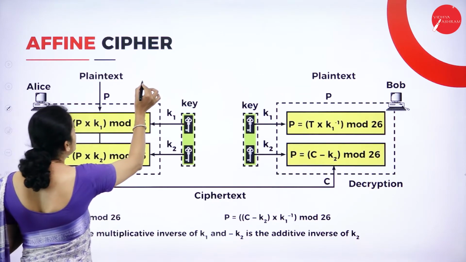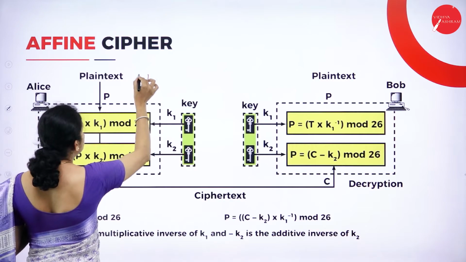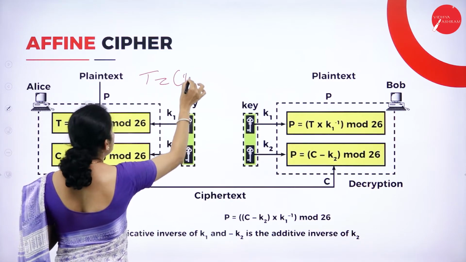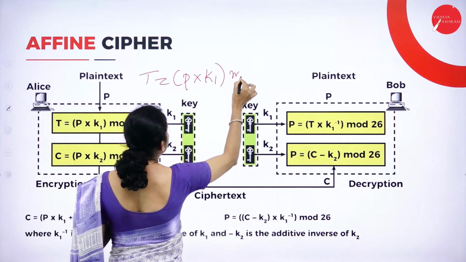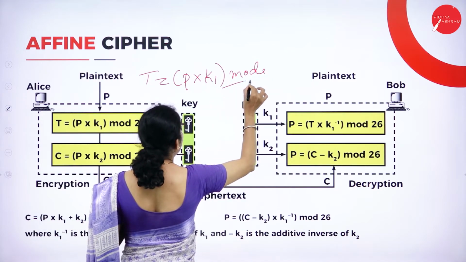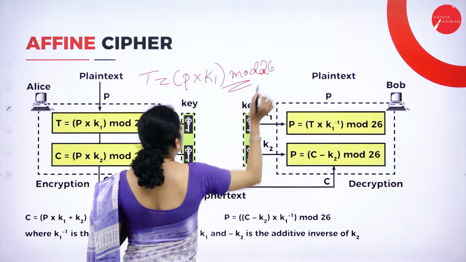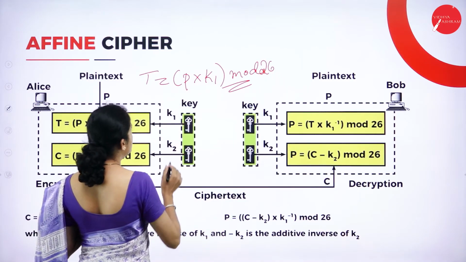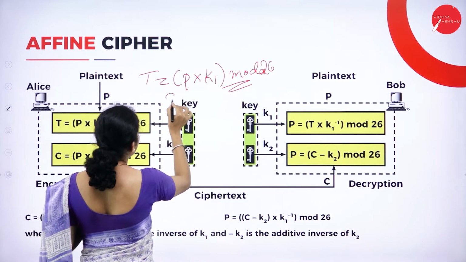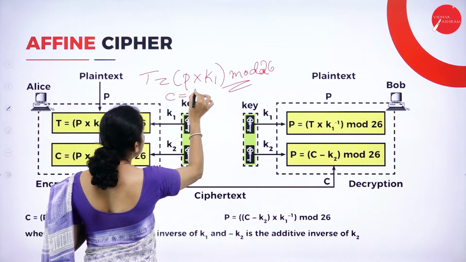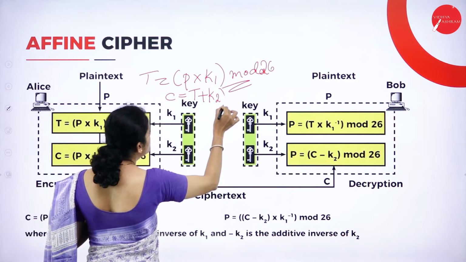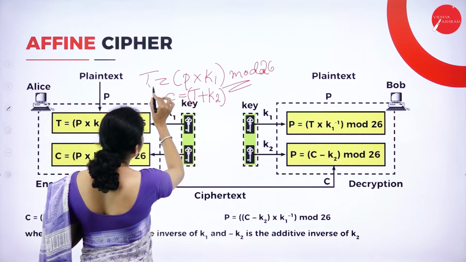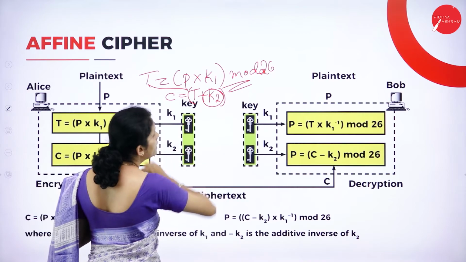See here, T equal to P into K1 mod 26 to perform multiplication, and to perform addition, it is T plus K2. So I'm going to perform the addition operation with key 2.